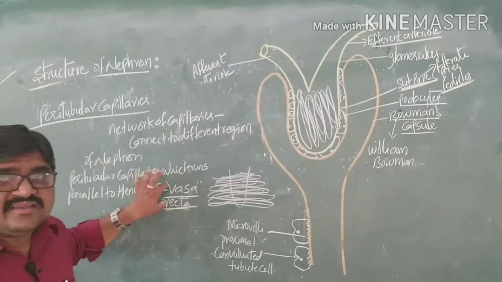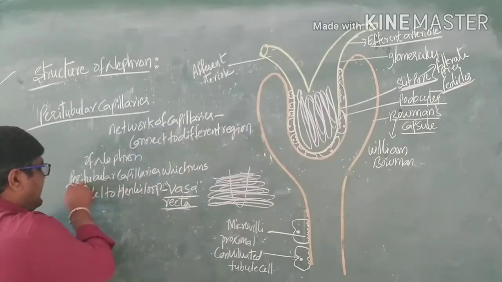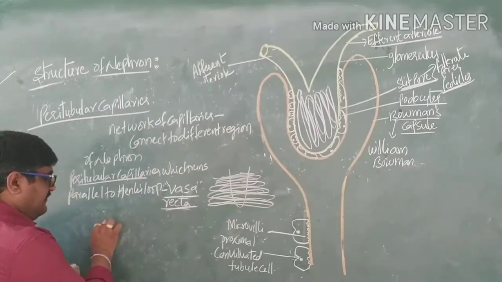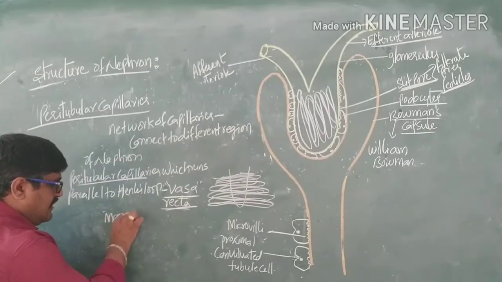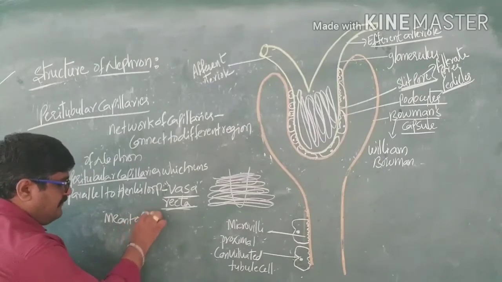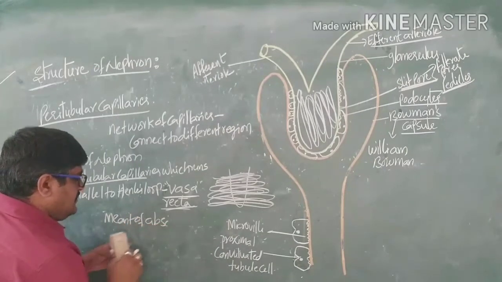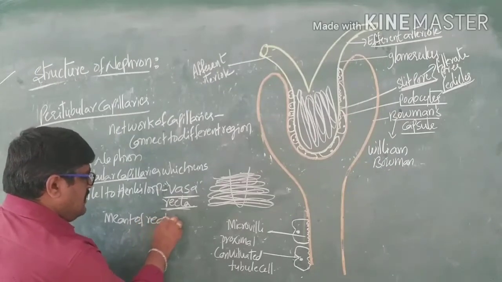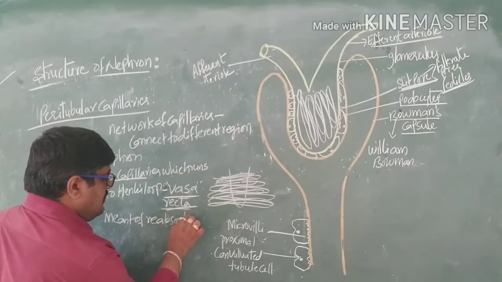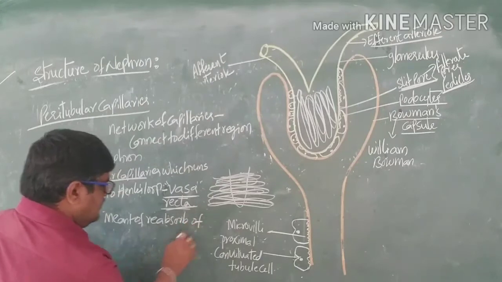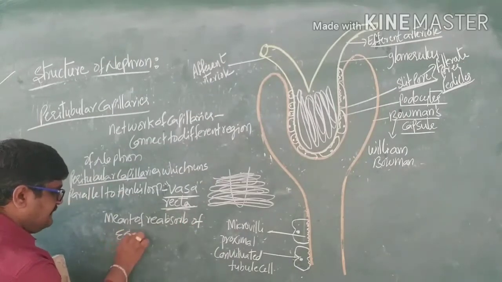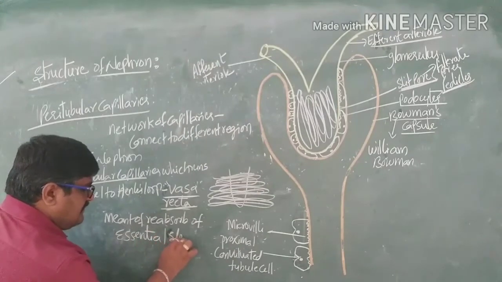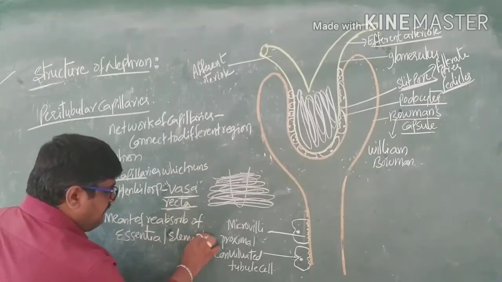The vas recta and peritubular capillaries are meant for reabsorption of the essential elements from the nephric filtrate.